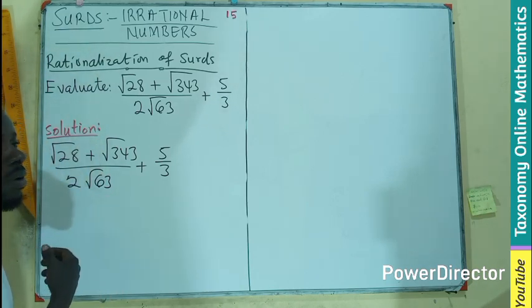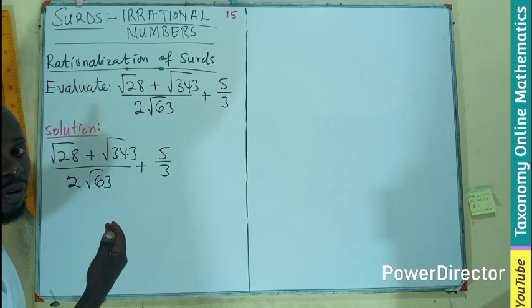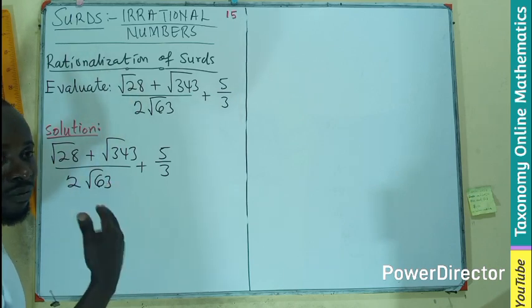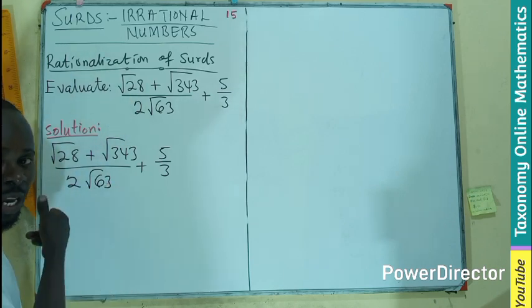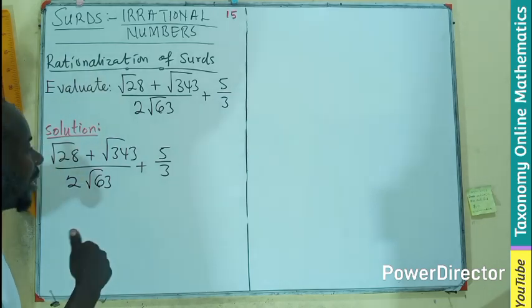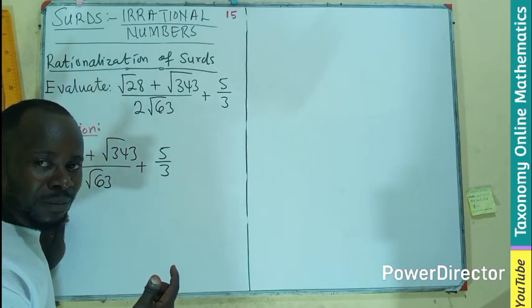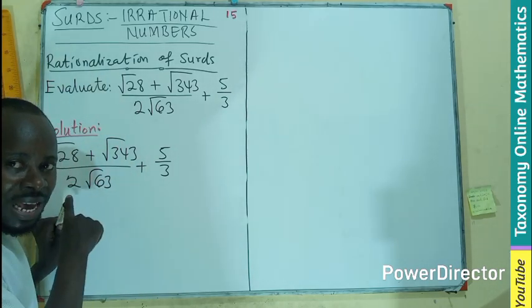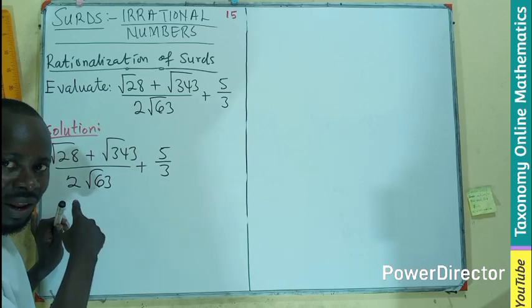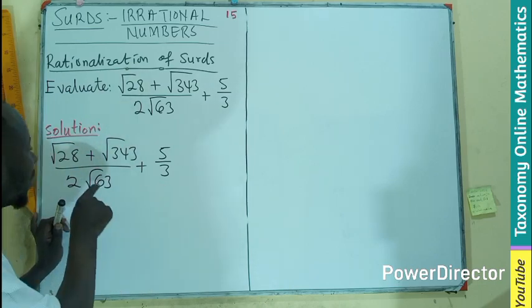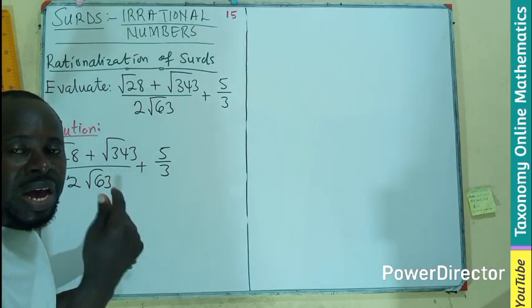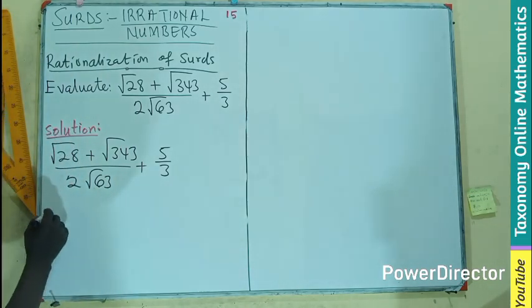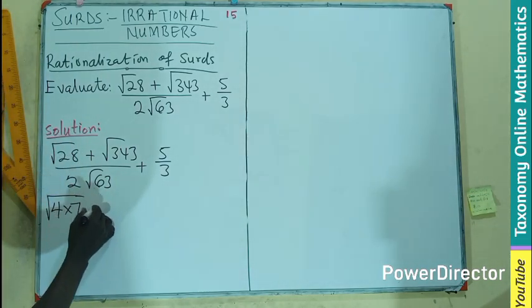If I take 4, I should be having 4 times 7, and 4 is perfect. I can move from 3 to 5, which cannot divide. I move to 6, 6 cannot divide. Then I move to 7. So 7 can divide this 4 times, and 4 is perfect. So this is going to be the root of 4 times 7.